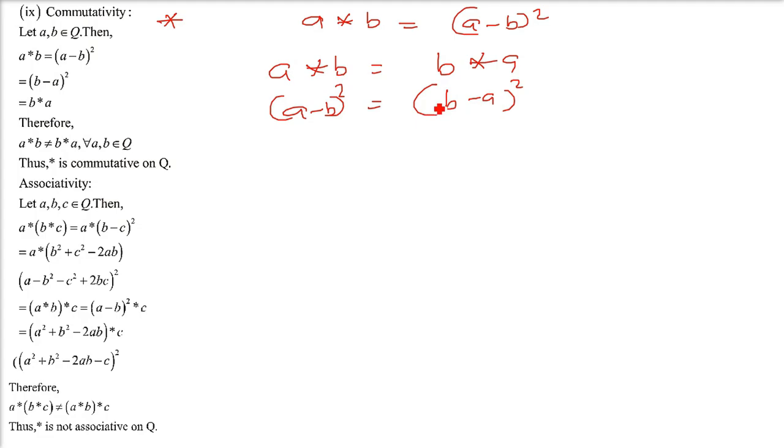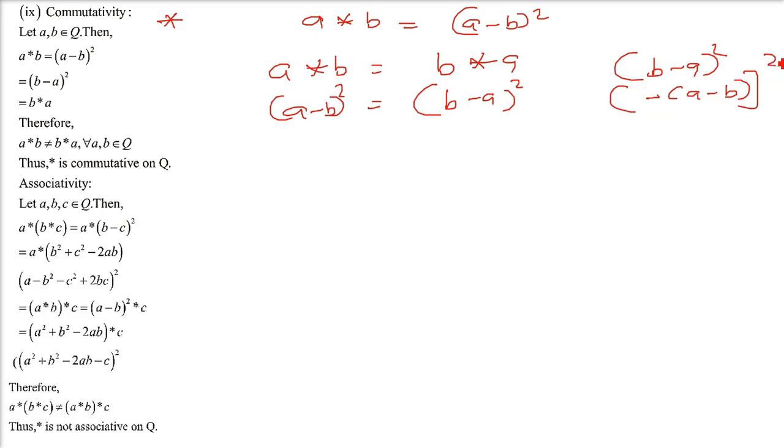How do we do this? We will take a negative one, or you can write B minus A as minus of (A minus B). Why will we take the negative outside? Because it is squared also. So this negative whole square will become positive. Right? I hope you got the idea. No, I'll just do it for you. See, (B minus A) whole square, I can write it as (minus (A minus B)) whole square.